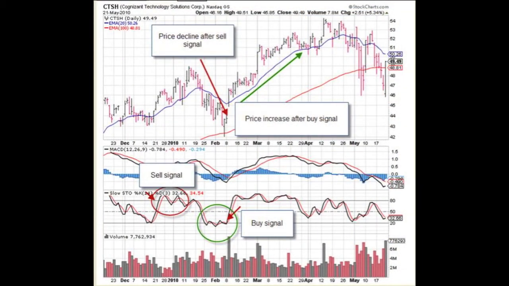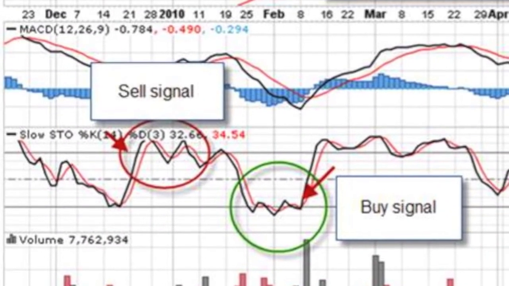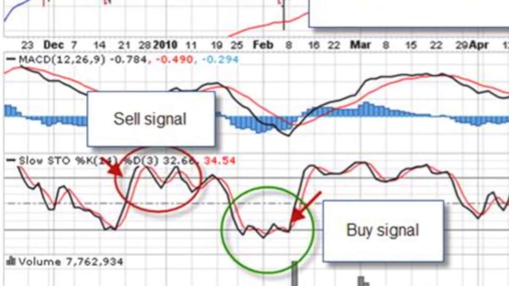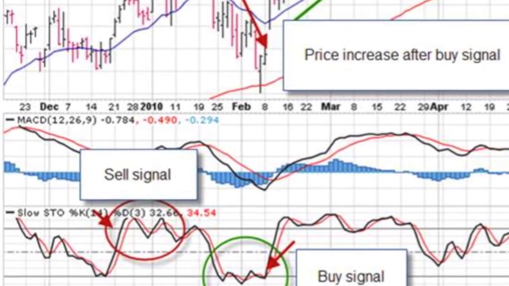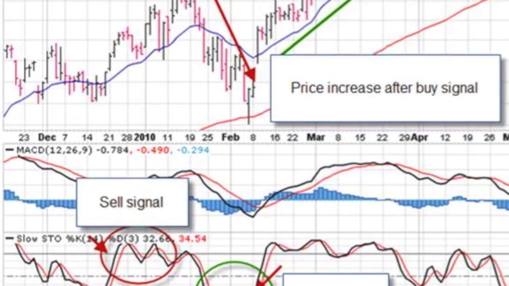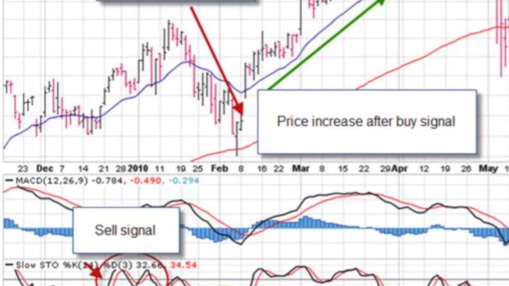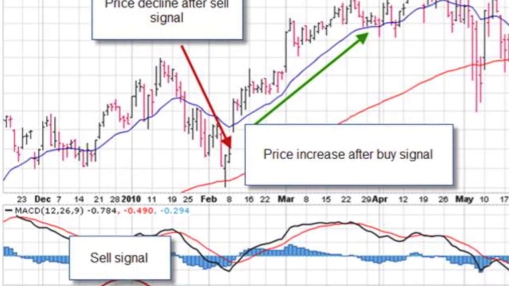And an even more significant sell signal when there's a double dip below the 80th percentile, as you could see on the screen. Now if you take a look above that, you could see that once that signal dipped below the 80th percentile for the second time, there was a very serious decline in the price of the stock as shown by the red arrow.